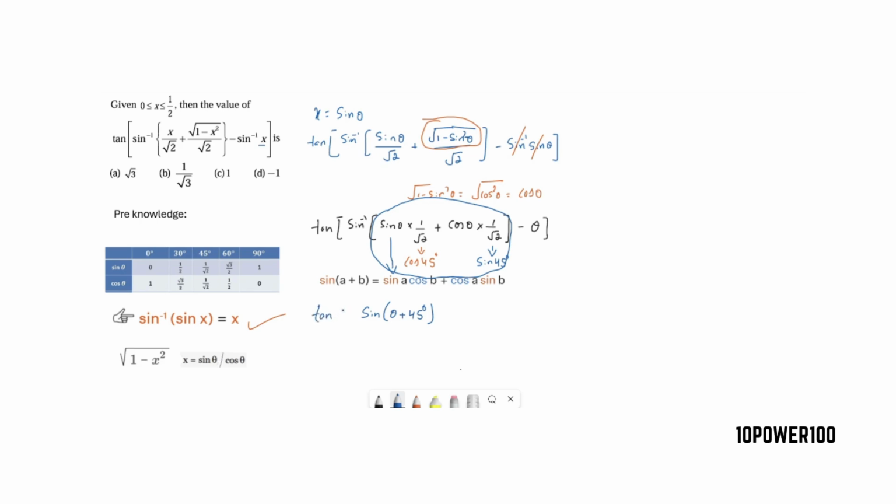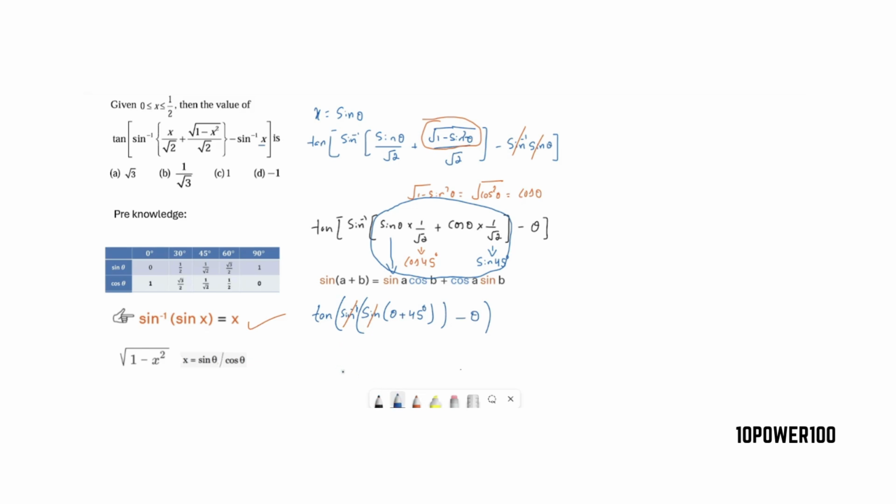Next, tan of sine inverse of sine of theta plus 45 minus theta. Now by using self-adjusting property, look at this, sine inverse and sine exist, so we can cancel both of them.